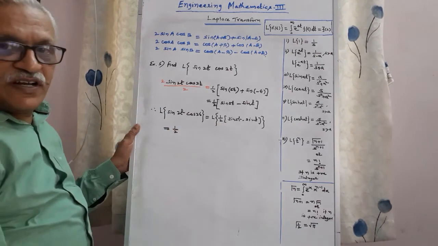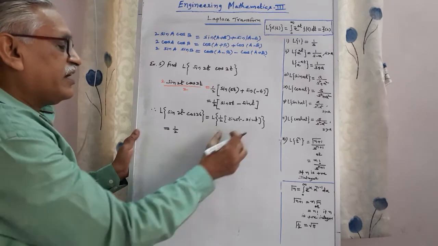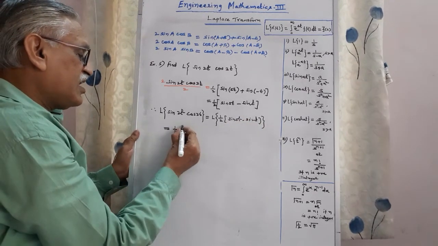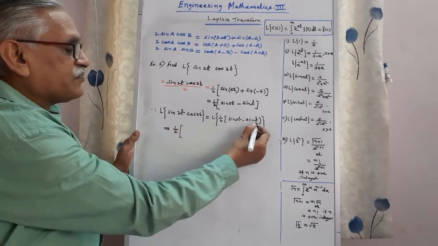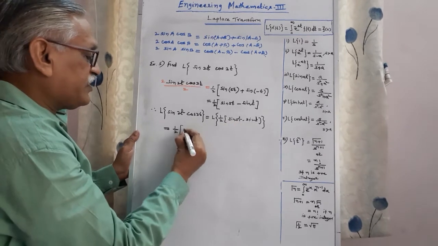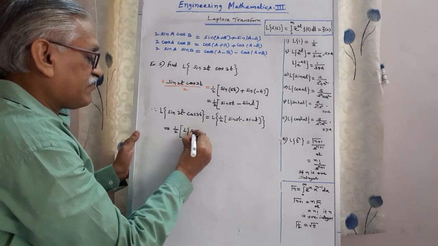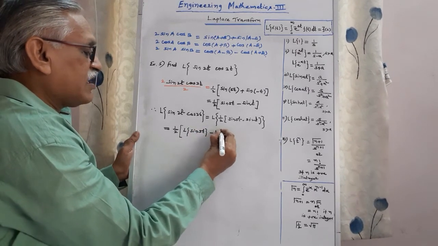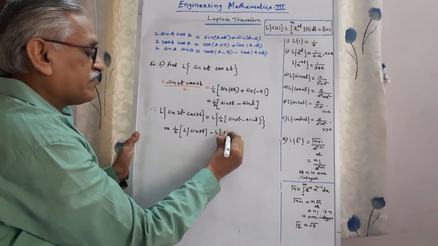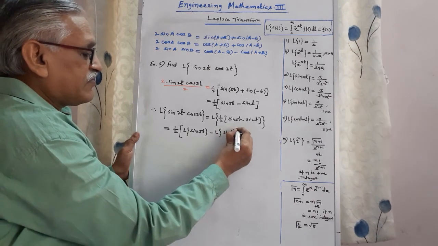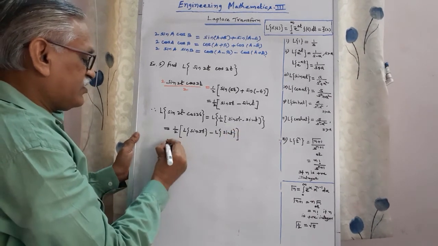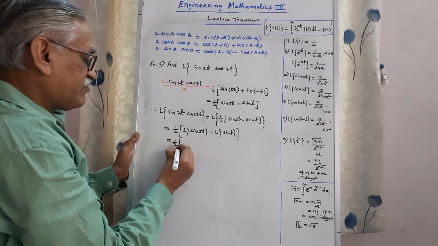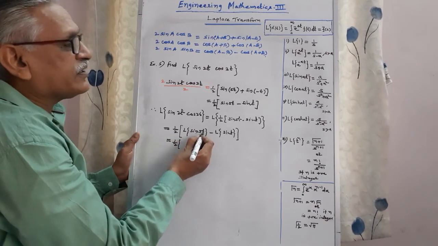By the property of linearity we can take it outside, and then the individual Laplace: Laplace of the first term minus Laplace of the second term, Laplace of sin 5t minus Laplace of sin t. We go step by step, and therefore it is equal to 1 by 2 Laplace of sin 5t.